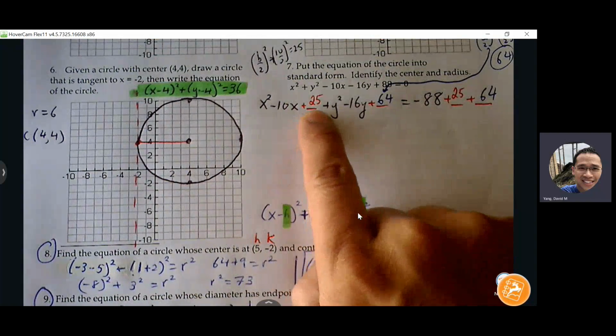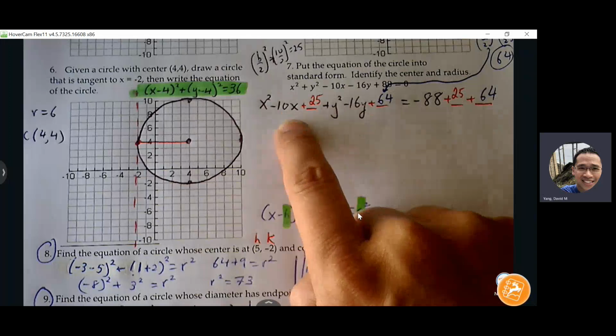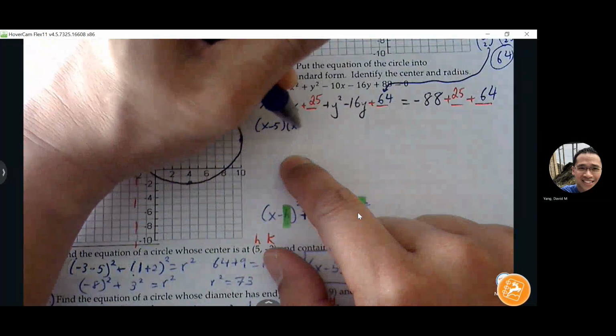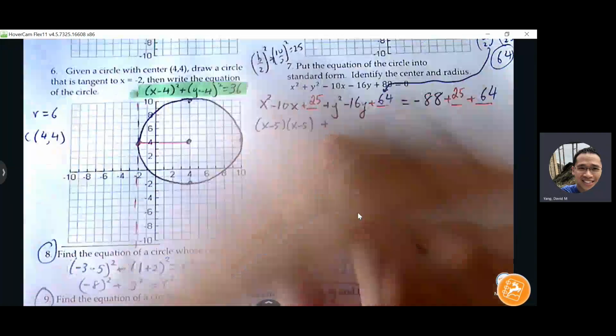Okay, factors for the x's: multiplies to be 25, adds to be -10. -5, -5.